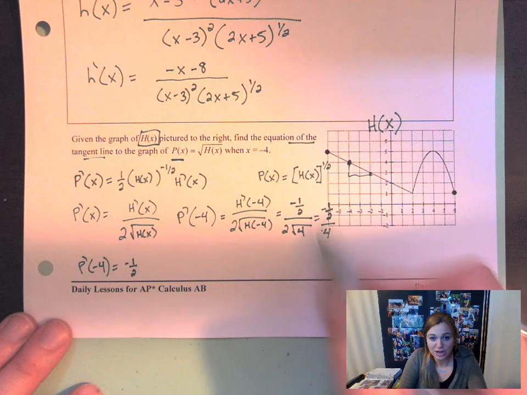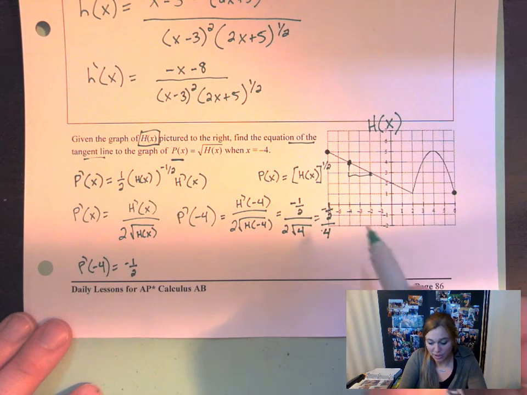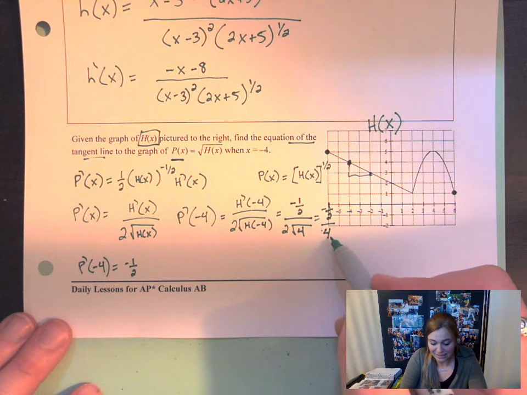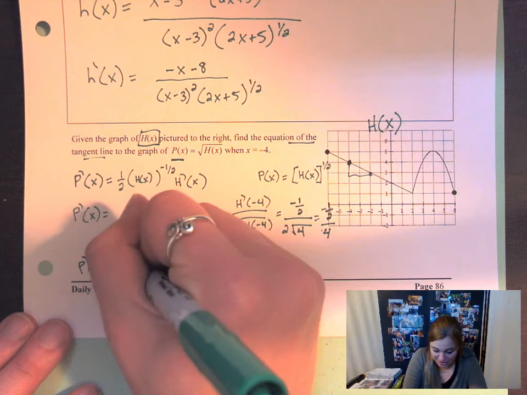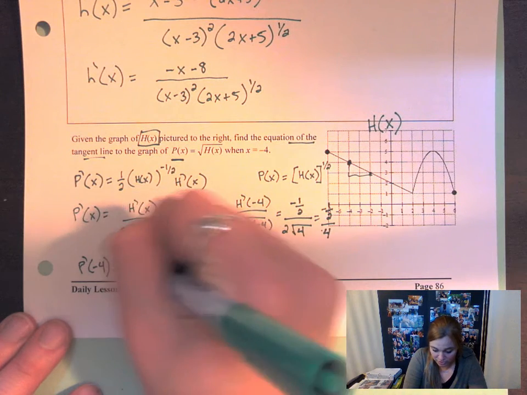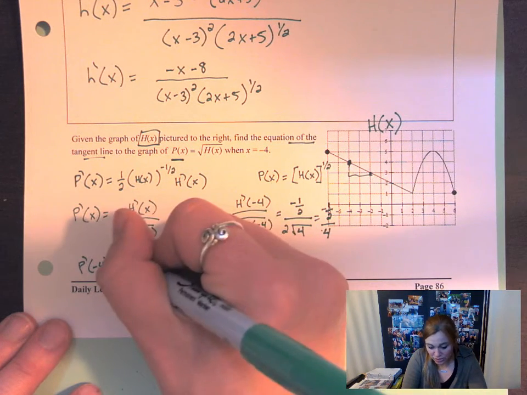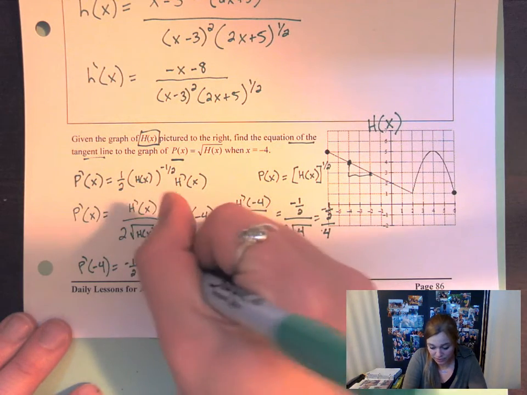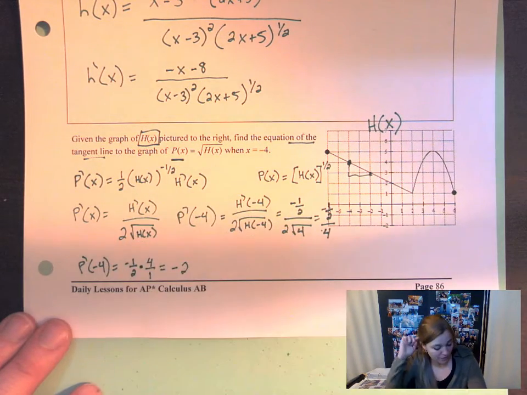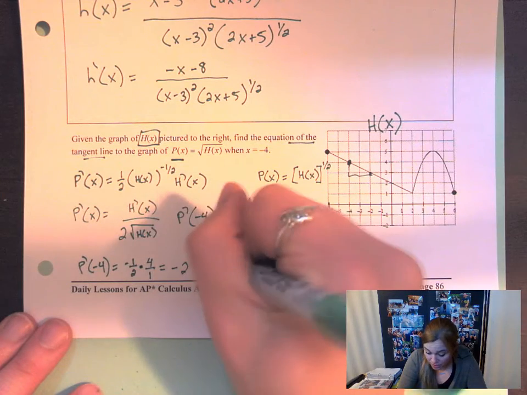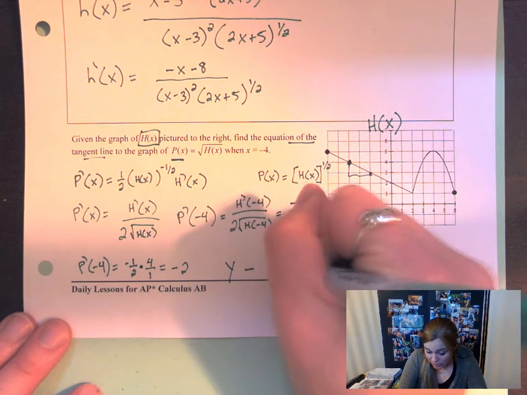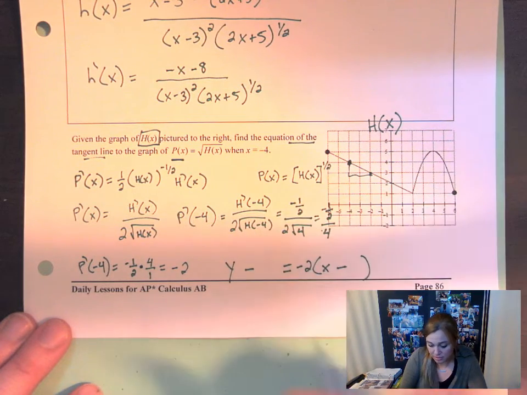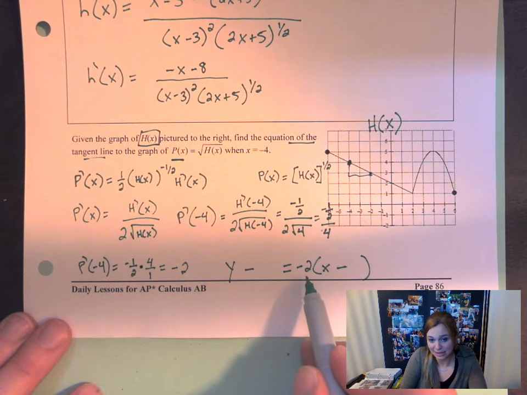So instead of trying to take negative 1/2 divided by 4, I'm going to say this is negative 1/2 times 1/4... instead of saying divided by 4, I'm going to say times 4 over 1, which would also be known as negative 1 times 4 is negative 4 divided by 2, negative 2. So right now I know y minus y1 is equal to m. There it is. My m, my slope in the tangent, is negative 2.